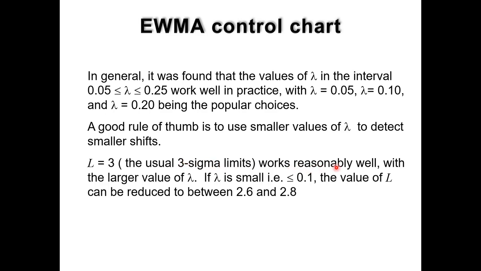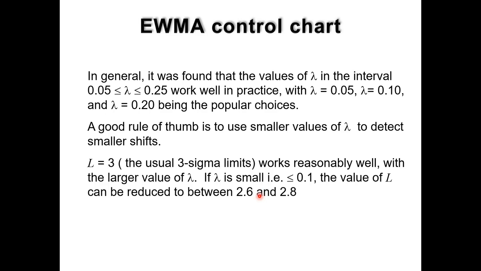And it works reasonably well with larger values of lambda. That means if your lambda is small, less than 0.1, then the value of L can be reduced to between 2.6 and 2.8. So what we used just now in the earlier example for the data in table 9.1 is L equals 2.7, remember?